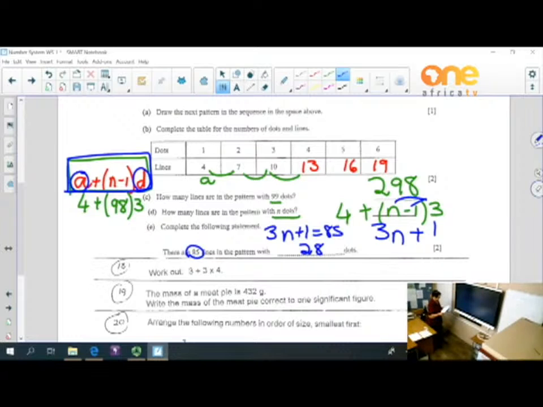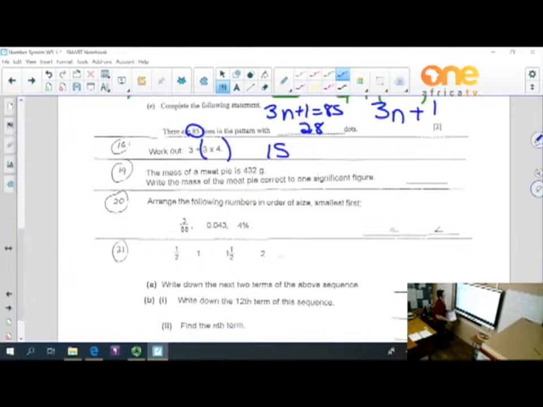Question 18. Work out. Again, I need to use BODMAS. So this one's answer is 15. Question 19. The mass of a meat pie is 432, correct to one significant figure. So what does that mean?